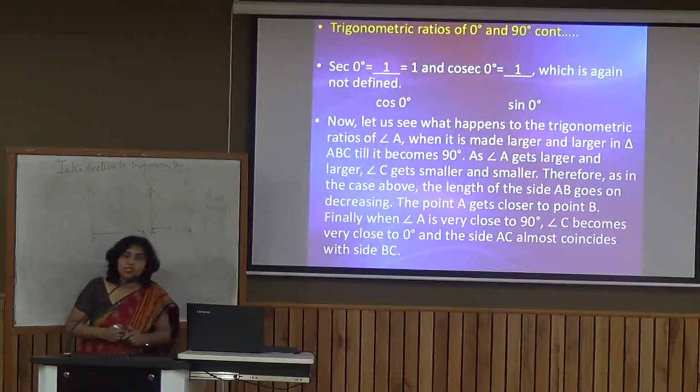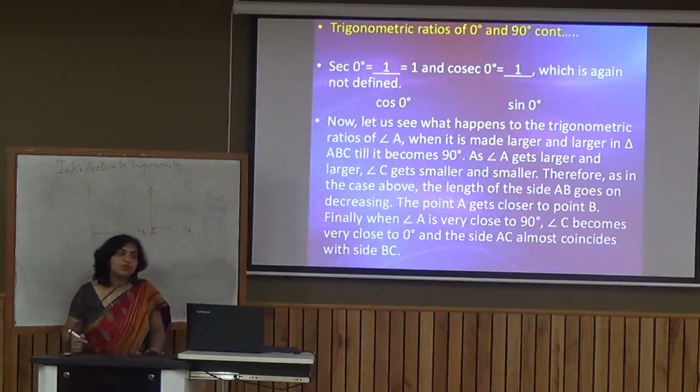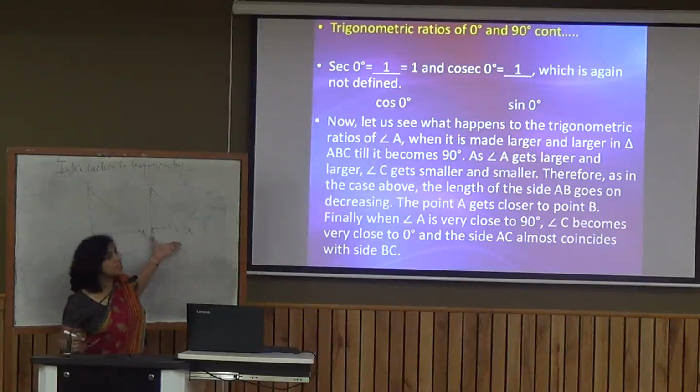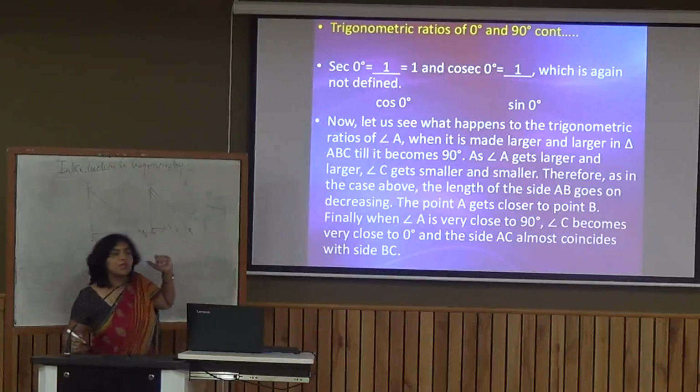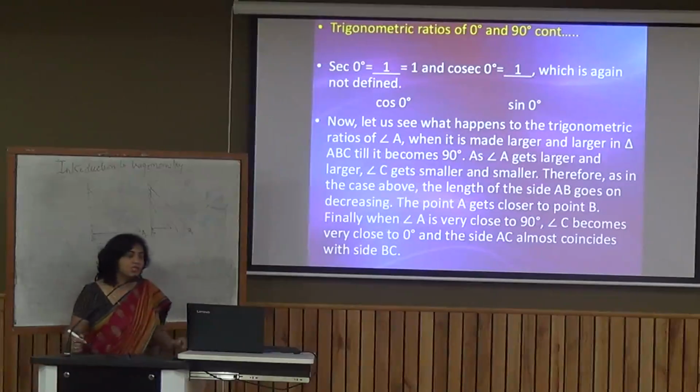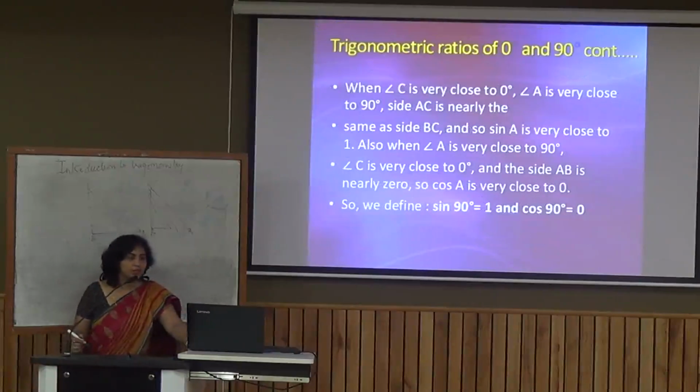So our opposite and hypotenuse become equal, so sine 90 becomes 1. Cos 90 becomes 0 as the adjacent side becomes 0, and tangent is the ratio of sine to cos, which is 1 upon 0, which is not defined. So tan 90 is not defined.